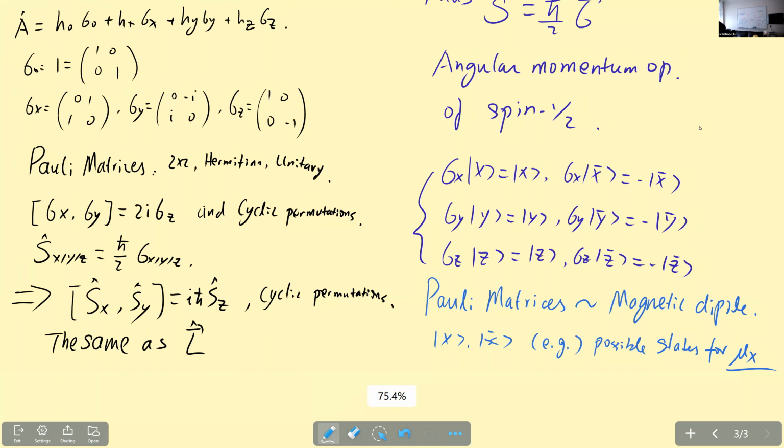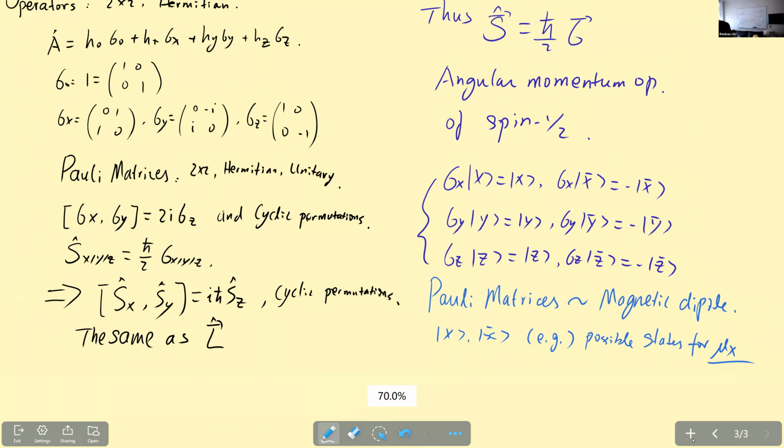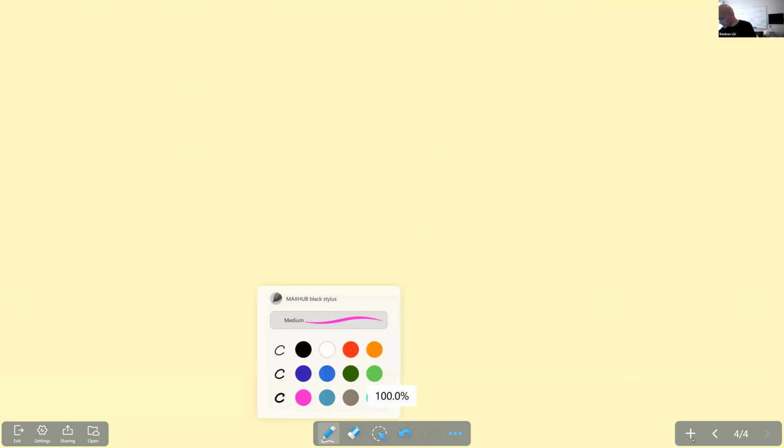Okay. So that means we can simply write down this dipole operator that equals a constant called the Landé g factor times mu B times this S operator divided by h bar. And this is obtained by comparison with the semi-classical results for the orbital momentum.